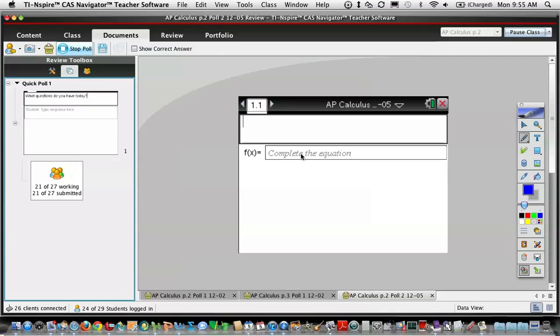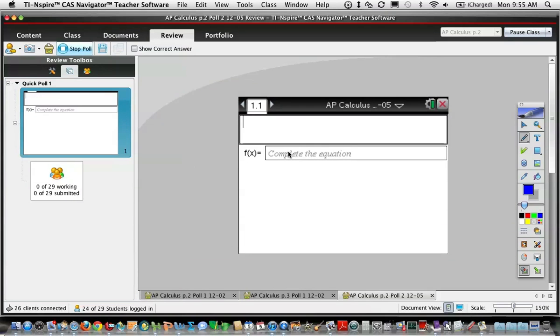It comes up on your calculator as a blank poll, but where it says f of x equals, I want you to type in the specific solution. Don't make this harder than it is. This is an easy question, other than it's got some fractions in it, maybe.